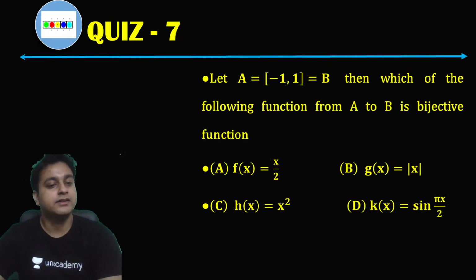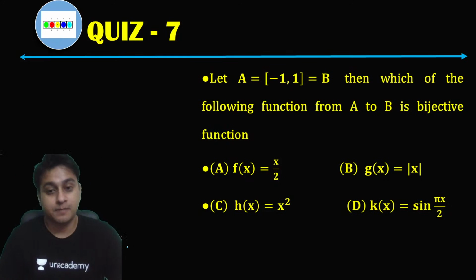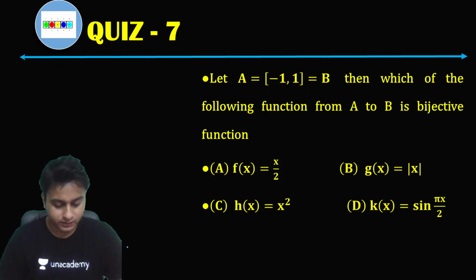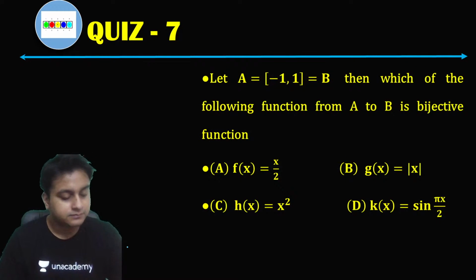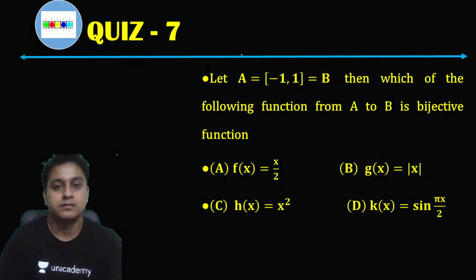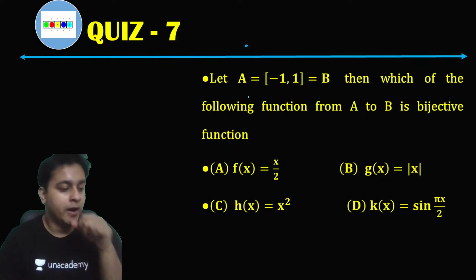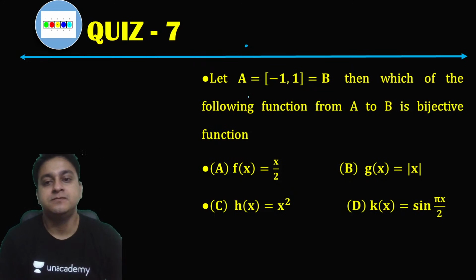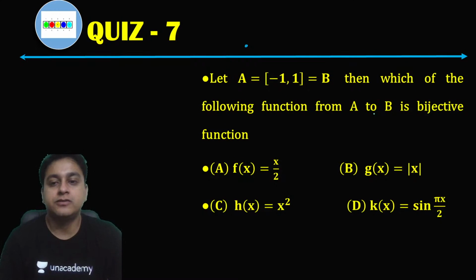Chalo. Next. Yes, this is a good one. Let's see how many of you can get this one correct. Come on, everyone. So A and B are given, then which of the following functions from A to B is bijective?